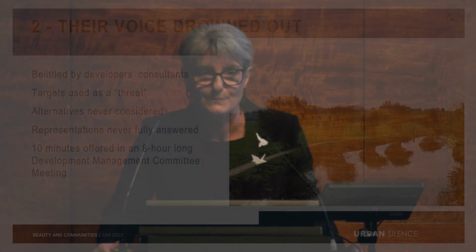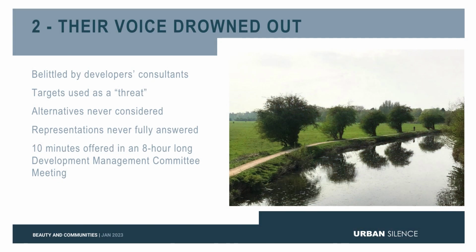Also, the local authorities are afraid to reject the development proposal, and therefore not asking for alternatives, not asking when the proposals and the design guidance and the parameter plans come forward, and they are not in compliance with the neighborhood plan.